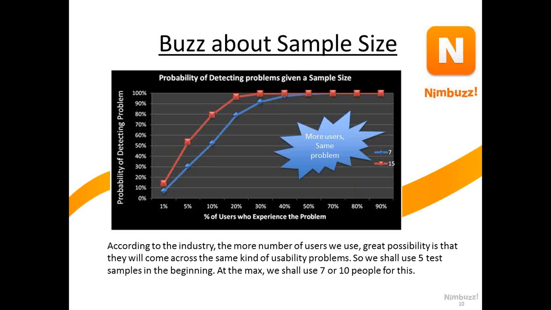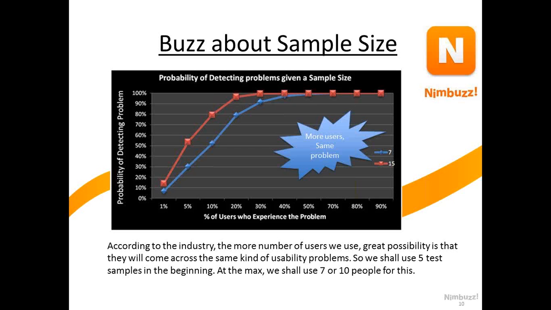I already spoke of the sample size. You use 5 people in the beginning, and then after the first beta and again the second beta, you use 5 more different people.